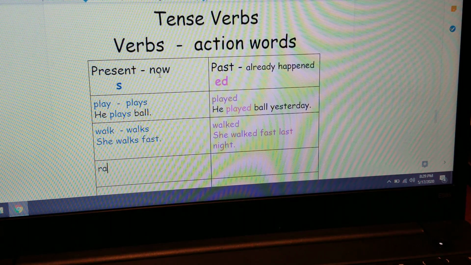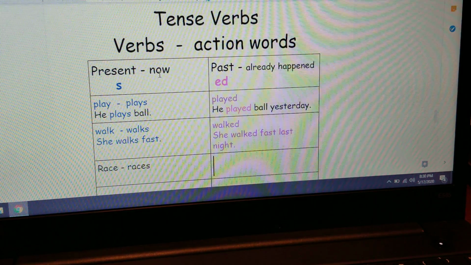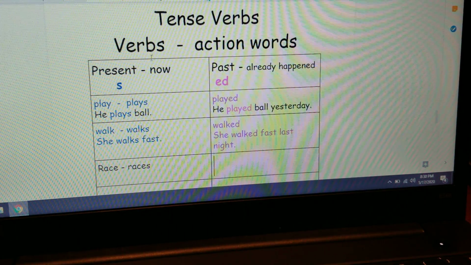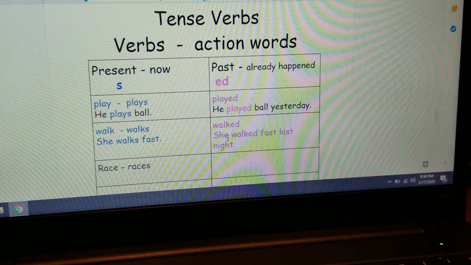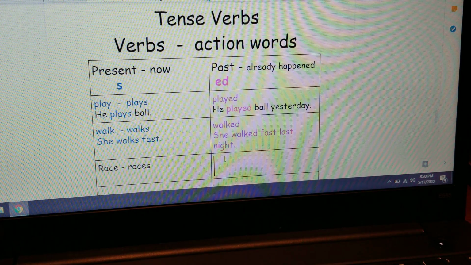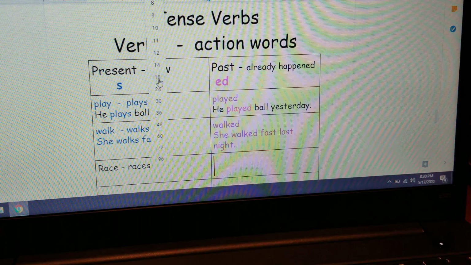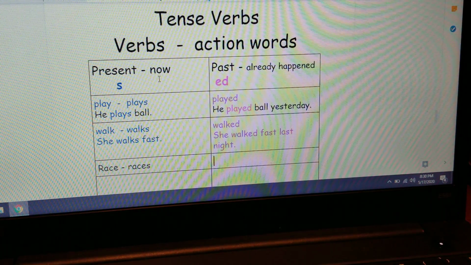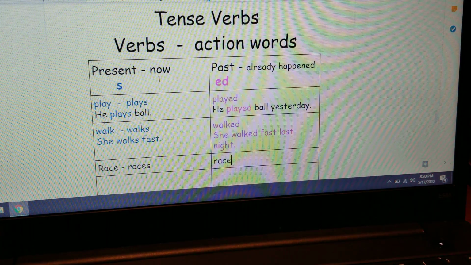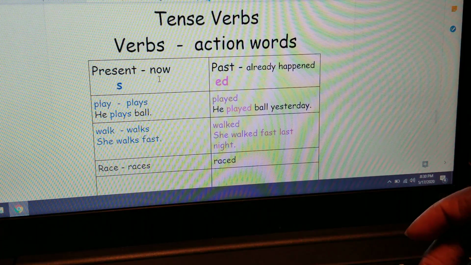Race would become races if I want to use the present tense. Well, what if I want to use the past tense? What would I have to put on the word? Yes, I'd have to put an ed on it. Raced.